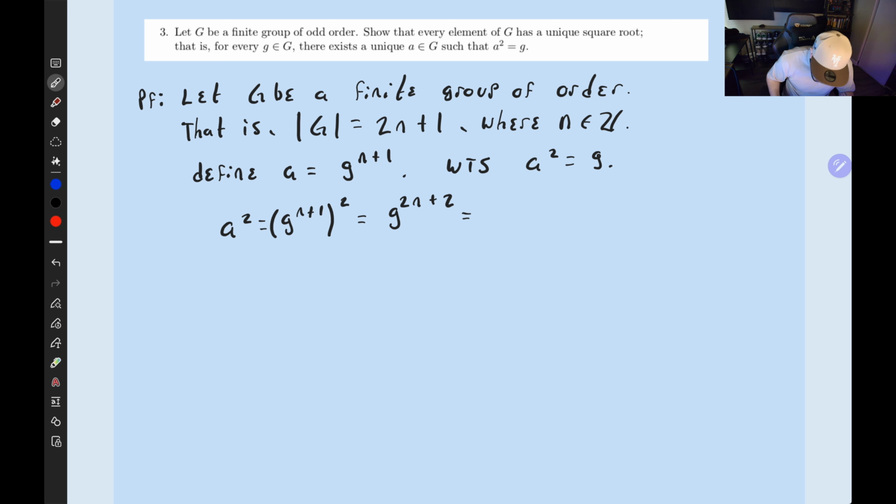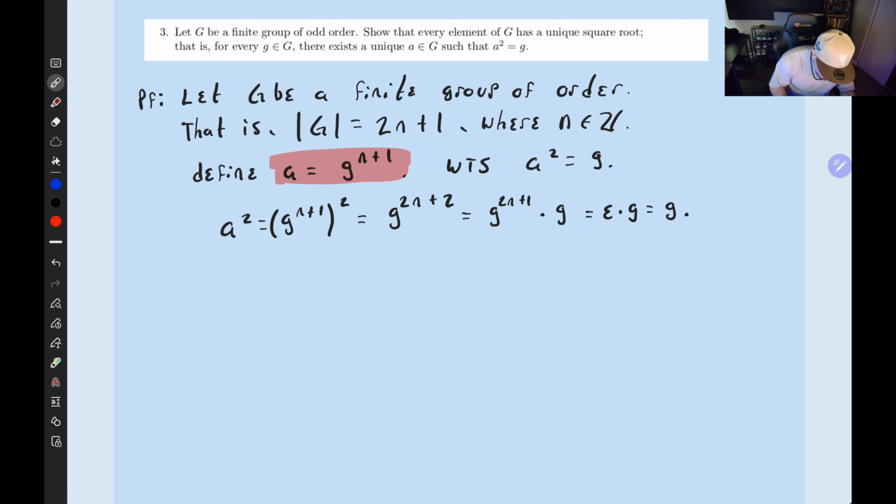Further properties of exponents let me split this up into G to the 2n plus 1 times G. Since the group G has order 2n plus 1, we know that in a group, if you raise any element to the order of the group, you end up with the identity element. So this is equal to the identity element times G, which is just G. So this proves the existence of the square root. The element I just defined is that square root.